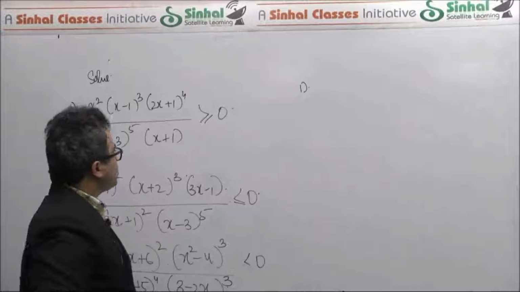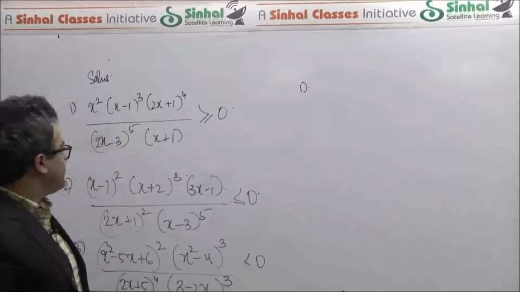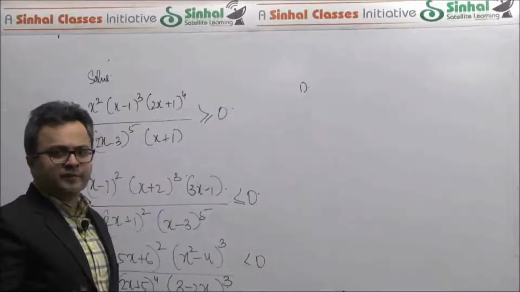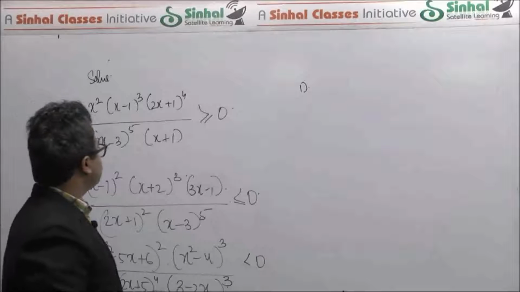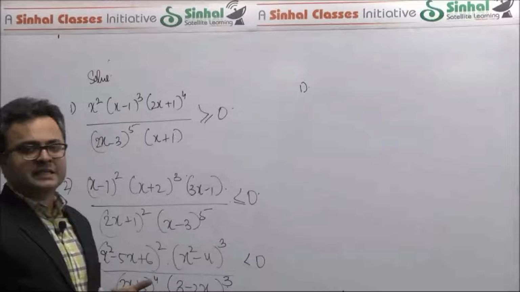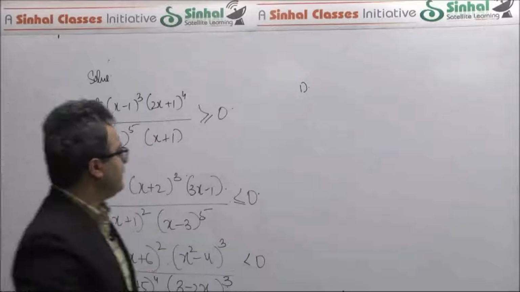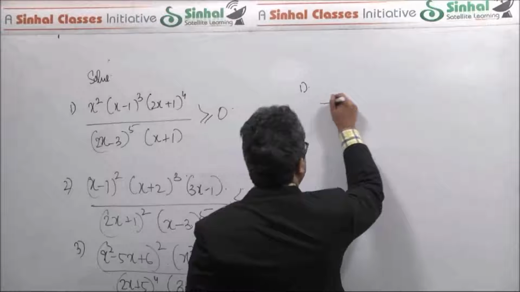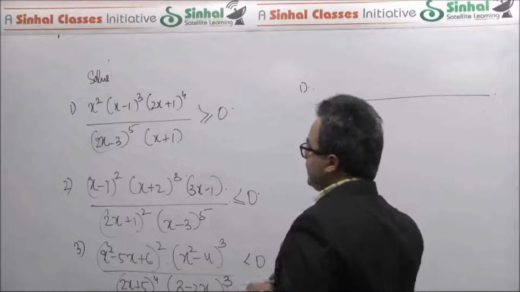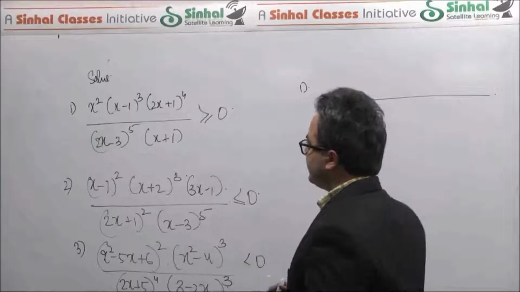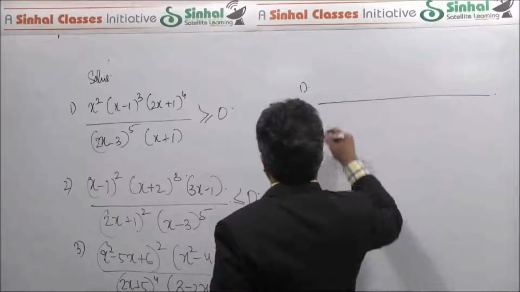In the first case again, we have some linear factors in the numerator and denominator. They have different powers associated with them. The first step is to ensure that the coefficient of x in each linear factor is positive. That is already the case. We'll now be plotting each of these critical points.